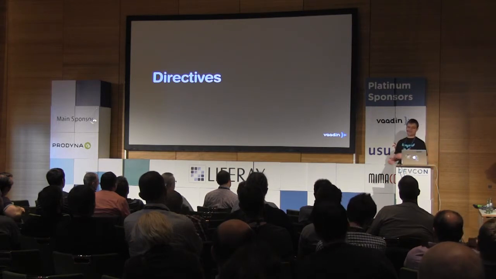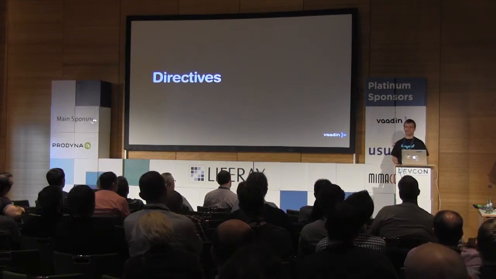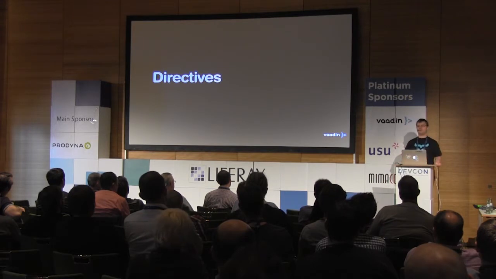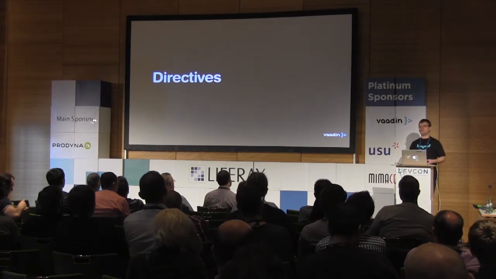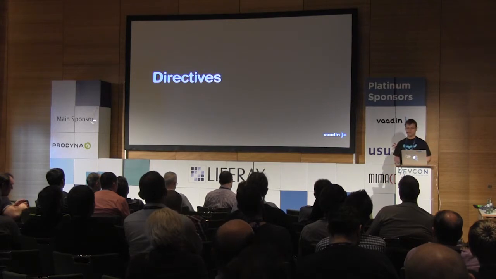And you should use directives to manipulate the DOM. That says in the AngularJS documentation. Don't try using jQuery, for example, to manipulate the DOM. Use directives. And if you need directives that aren't in the core, you can write your own.